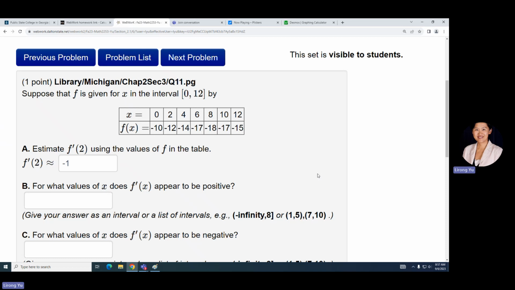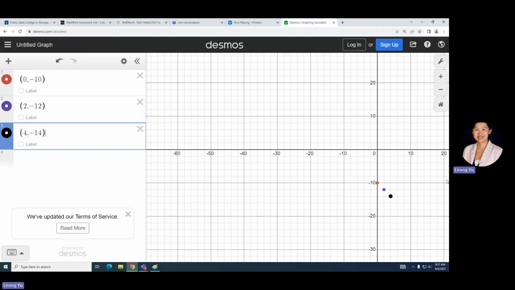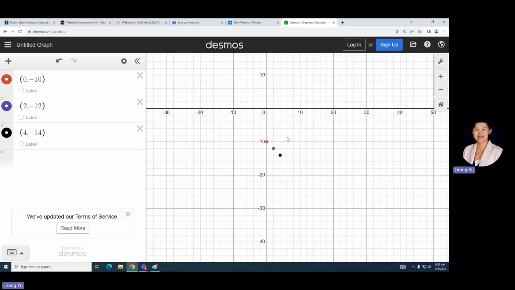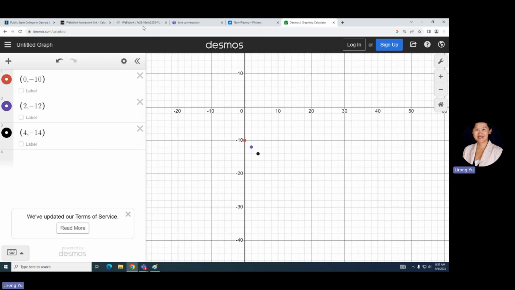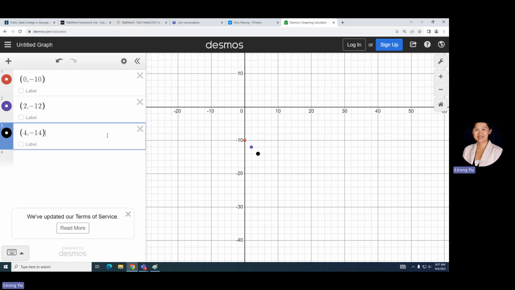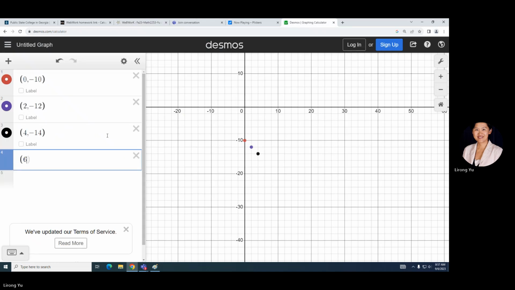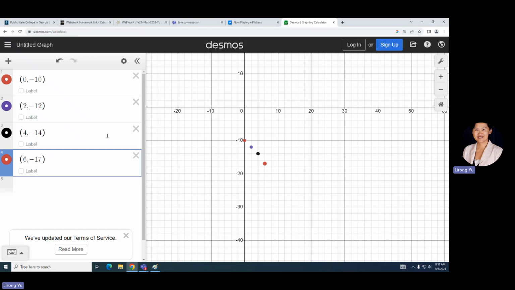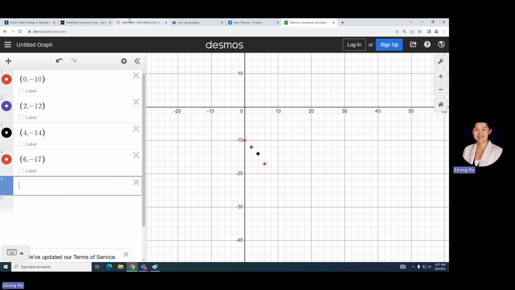We can see in the first few points, they look like negative. It's going down, right? To understand the overall tendency, you have to graph the rest of the points. 6, negative 17. We can graph it by hand as well, but with a computer, it's more exact.